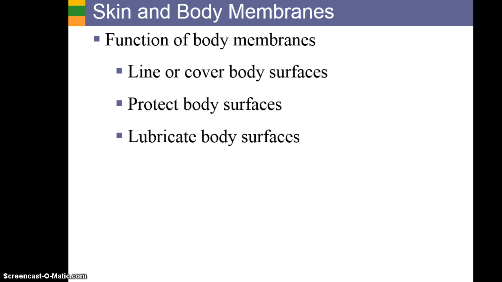We know that these membranes also, for part B, line or cover various body surfaces. We know for C that they protect body surfaces, and we also know for D that they lubricate body surfaces. For the example associated with the clinical correlation at the bottom of this first section, cutaneous membranes, an example of that would be your skin.